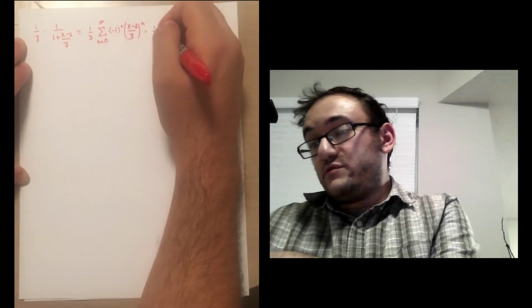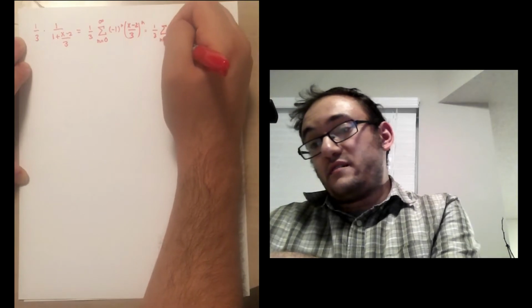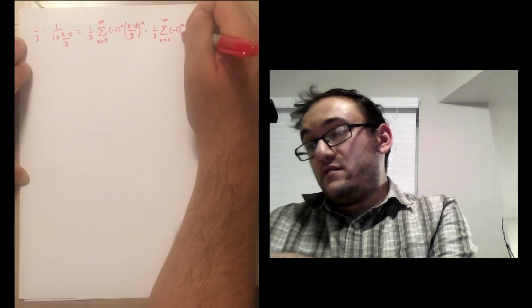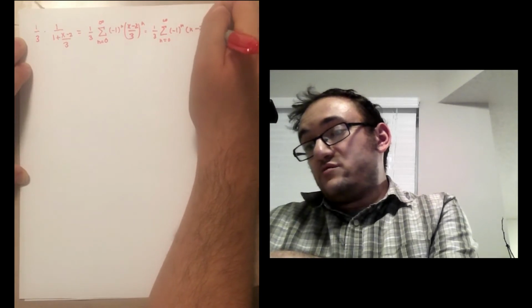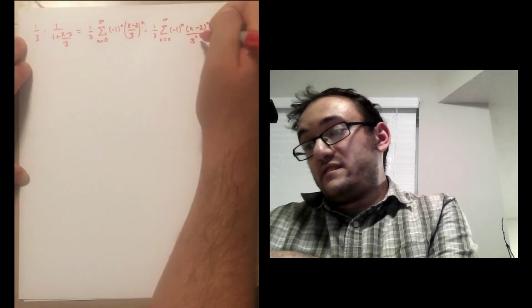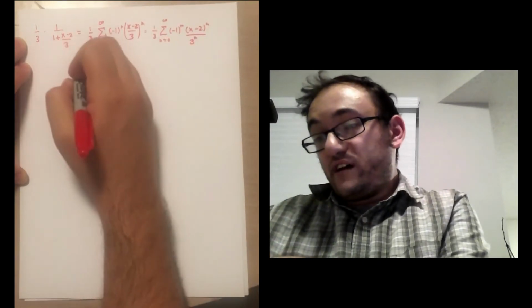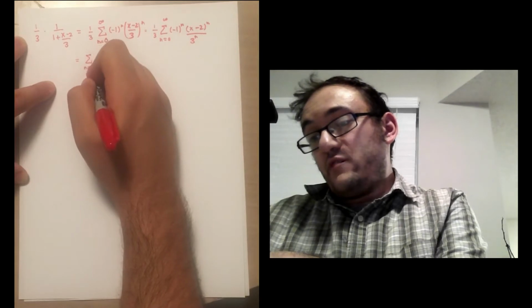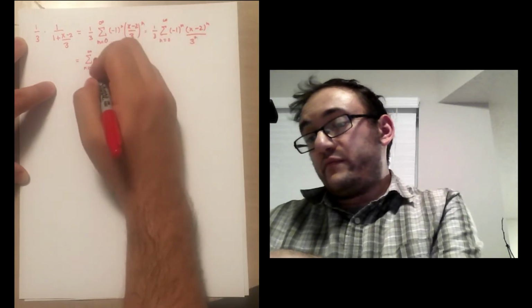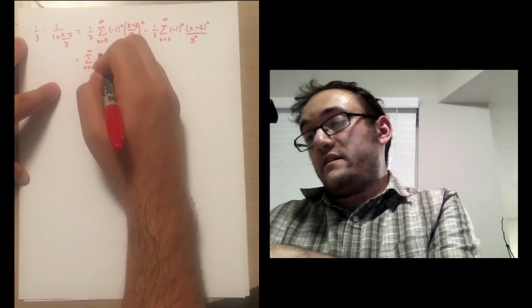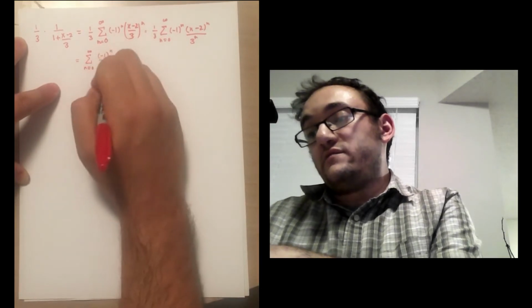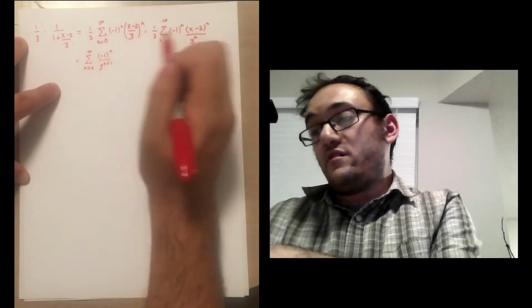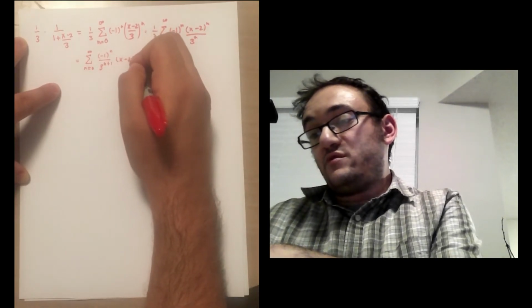And that's just equal to 1/3 times the sum of n equals 0 to infinity, minus 1 to the n, x minus 2 to the n divided by 3 to the n. If I want to simplify a bit further, I'll get the sum from n equals 0 to infinity of minus 1 to the n divided by 3 to the n plus 1, bringing in that third, times x minus 2 to the n.